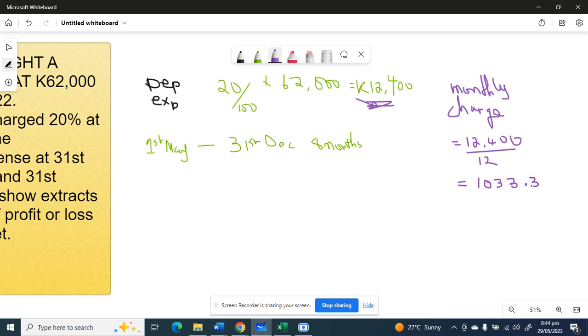All right. 1,033 kwacha per month. This is the monthly charge.